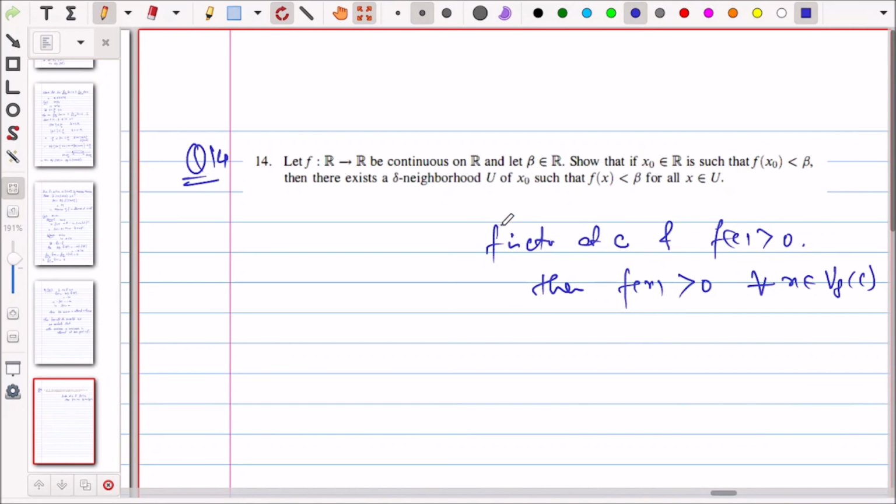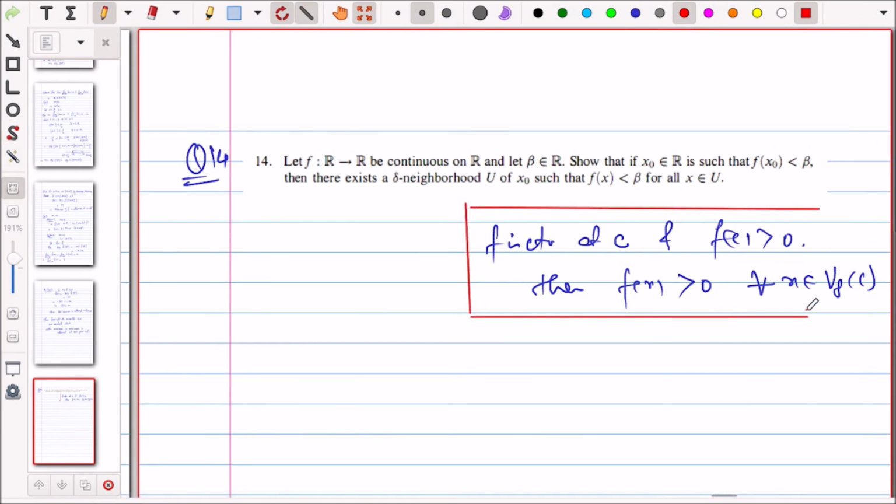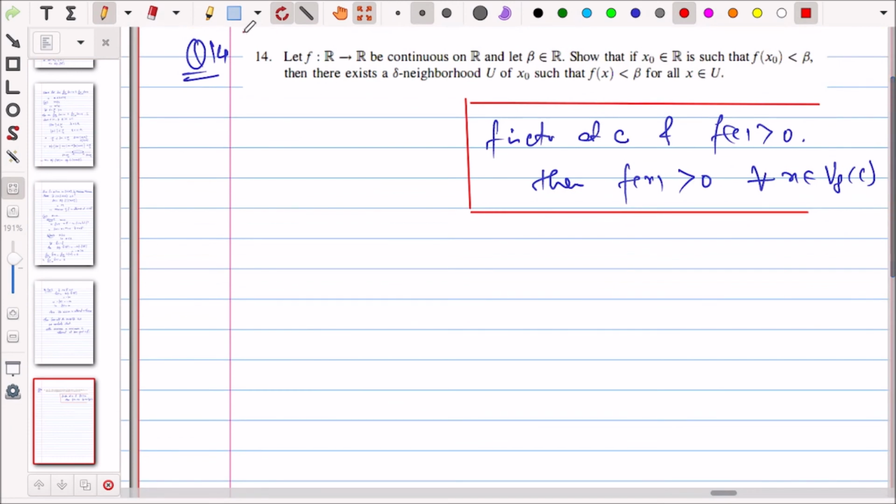So let us try to prove it. We can use this result, in which case you redefine your function h so that it becomes positive at that point, or use the negative result, but we will directly prove it.